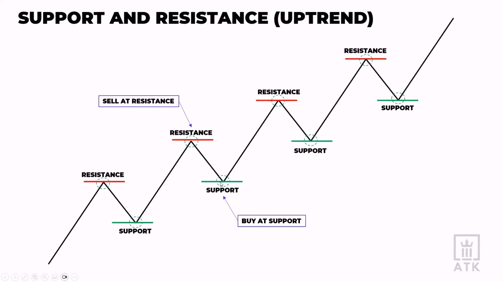Right? And then at support, the bears will show signs of exhaustion, that we can't close below this level. So we buy there. We go long and we enter positions here and take it up to the next level of resistance.